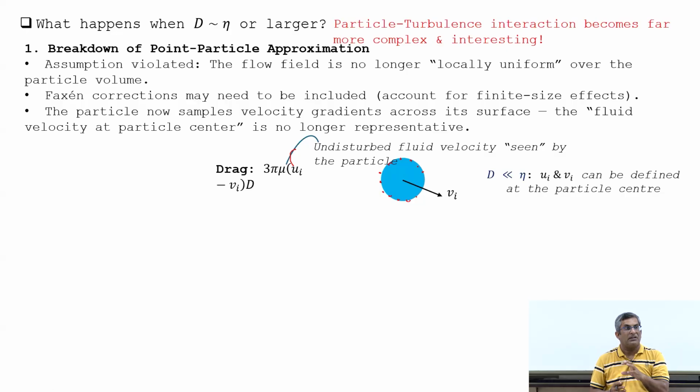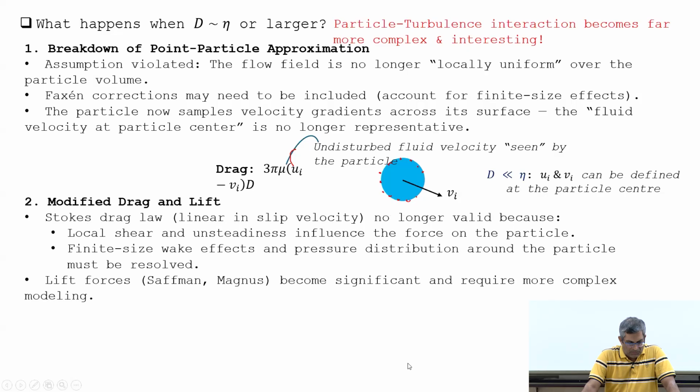But for that, you need to resolve the flow around the particle. You need to resolve the boundary layer. Only in that case you can calculate the drag. While in the previous case we just used this model, so that greatly simplified the situation. But now we do not have that scenario. As I said, the Stokes drag law is no longer valid, because the local shear and unsteadiness influence the force on the particle.